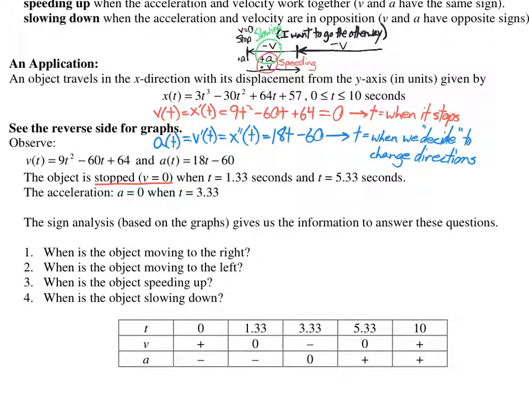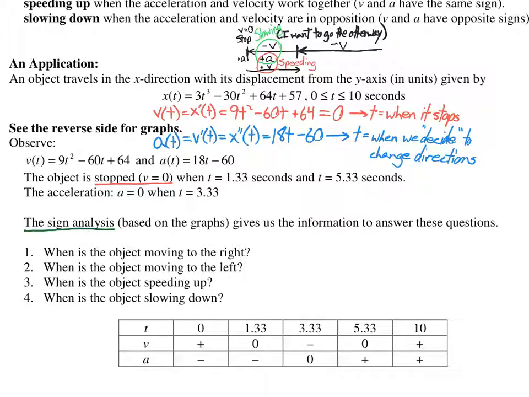Now, you see this table at the bottom. This is sign analysis. This kind of thing is very, very important to be able to do. To make this table, we're comparing our time, our velocity, and our acceleration.